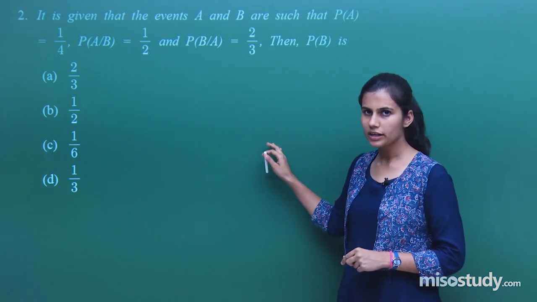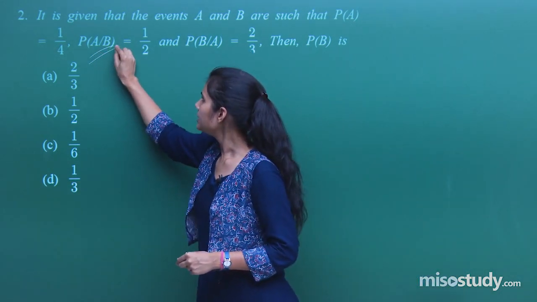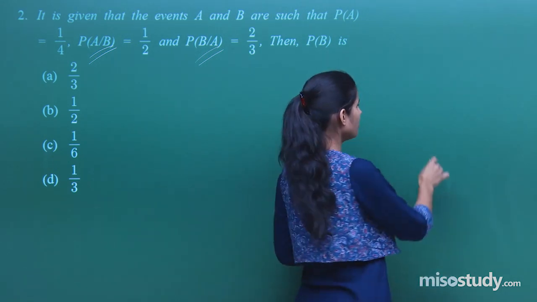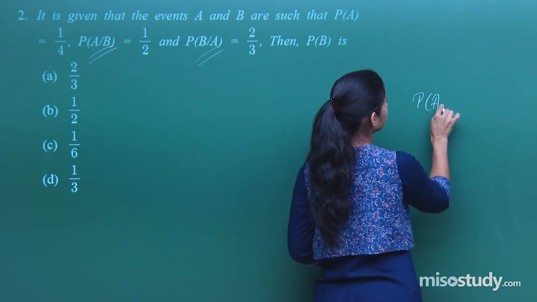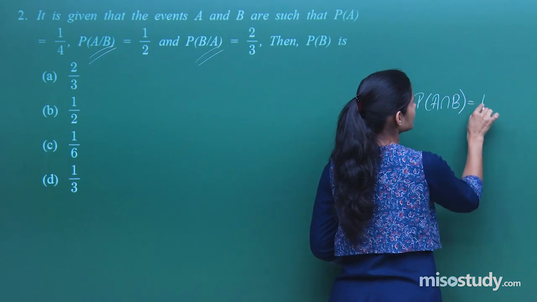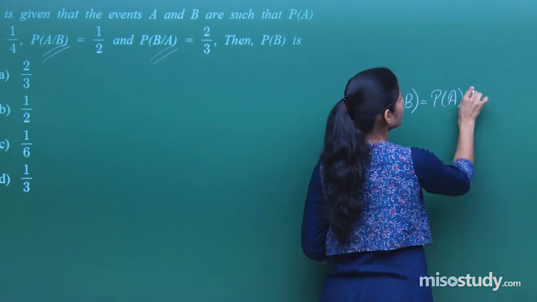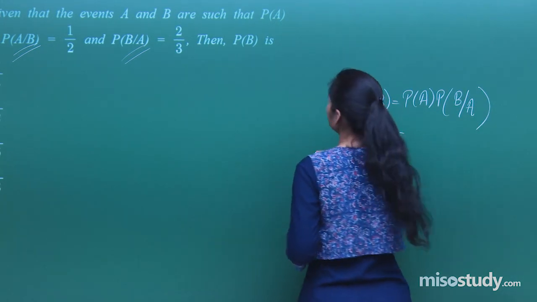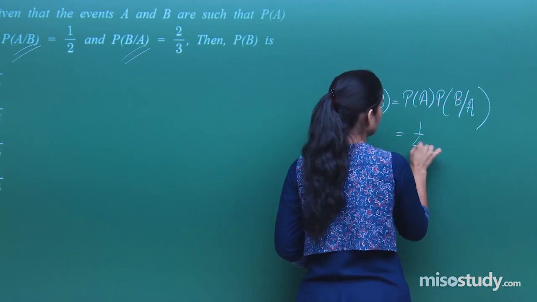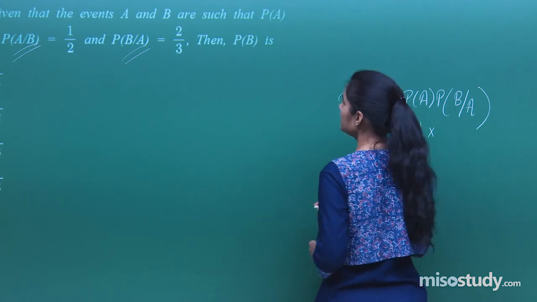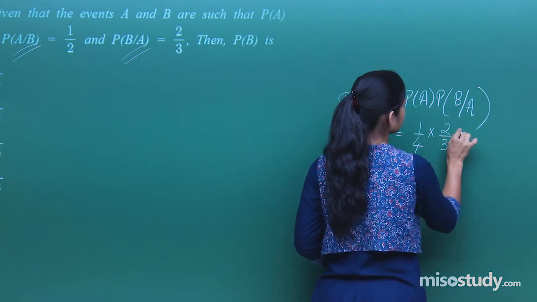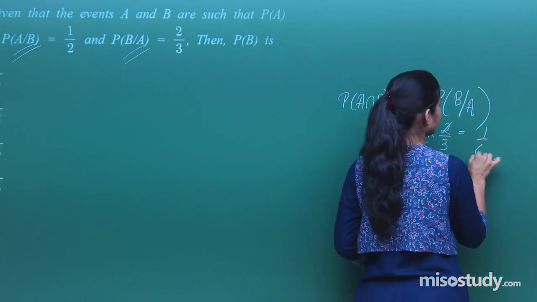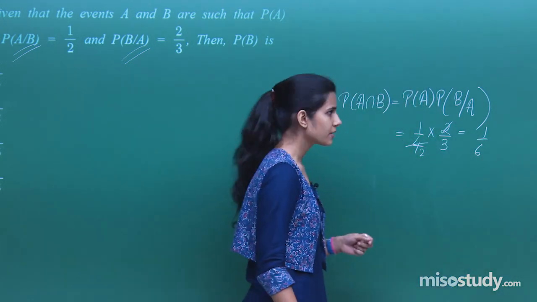Okay, so over here you are given probability of A by B and probability of B by A. If I talk about probability of A intersection B, just now we did, it is probability of A into probability of B by A. Probability of A is given as 1 by 4 and probability of B by A is given as 2 by 3. So you basically get 1 by 6 as the answer.